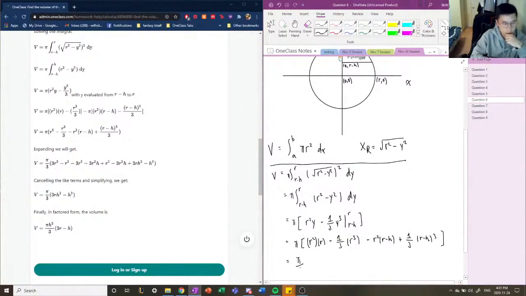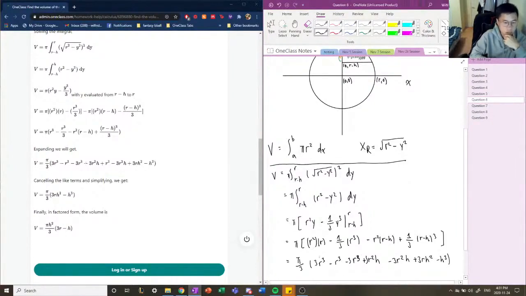So we'll take out the pi over 3 here. So we'll get 3r cubed minus r cubed minus 3r cubed plus 3r squared h, and then the expansion of this, which is minus 3r squared h plus 3rh squared minus h cubed.